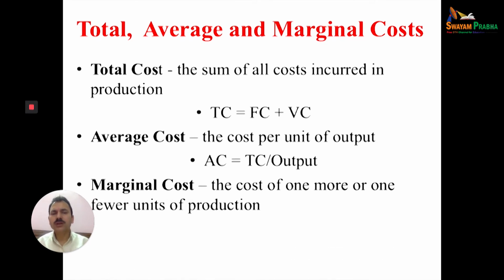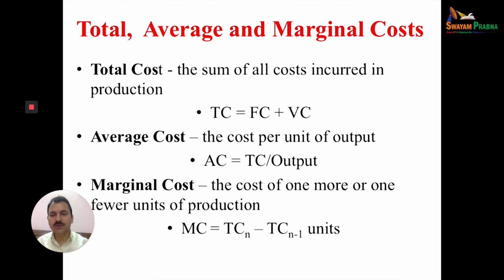Marginal cost, as I have already stated, is the additional cost. The cost of one more or one fewer unit of production is called marginal cost, the additional cost. It is the change in total cost due to change in quantity.